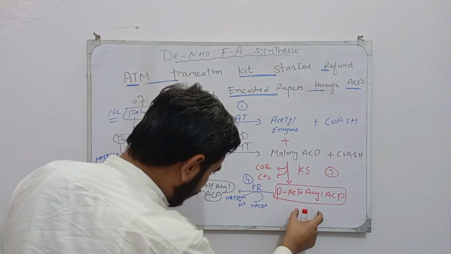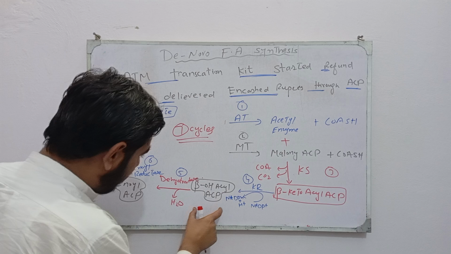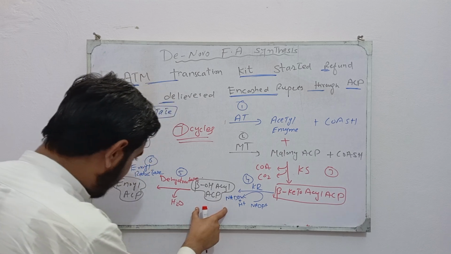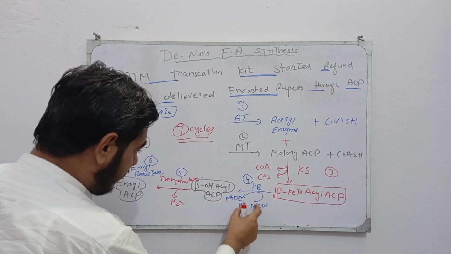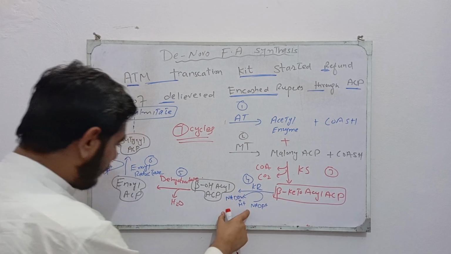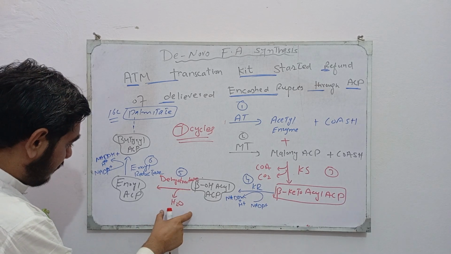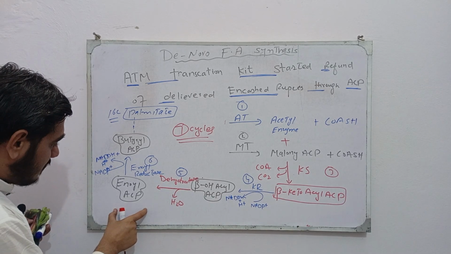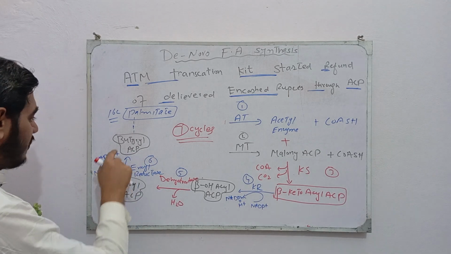Students, beta-ketoacyl ACP, with the help of the ketoacyl reductase enzyme, converts into beta-hydroxyacyl ACP. It requires NADPH, a reducing equivalent, which converts into NADP plus. Beta-hydroxyacyl ACP, with the help of the dehydratase enzyme, converts into enoyl ACP. Enoyl ACP, with the help of the enoyl reductase enzyme, converts into butyryl ACP.